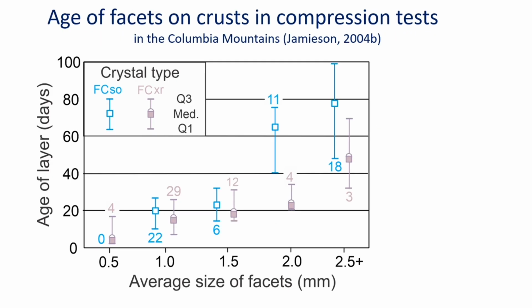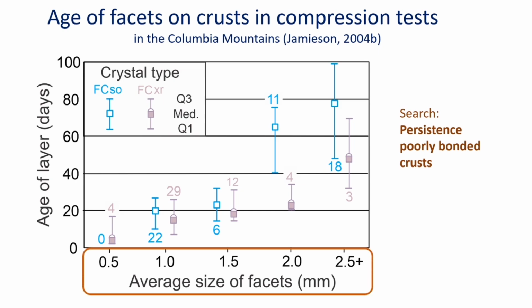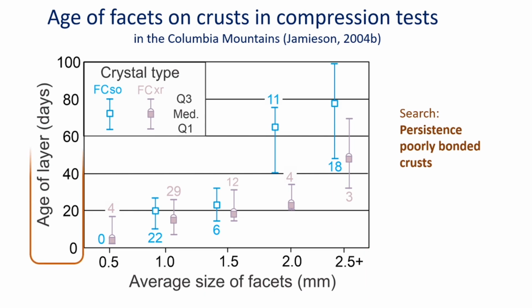Let's take another look at the age of faceted layer near crusts, this time for compression tests in which the faceted layer fractured. This graph and the previous graph are from this paper about poorly bonded crusts in the Columbia Mountains of Western Canada. The average size of the faceted crystals are along this axis, and the age of the layer when it fractured in the compression tests is along this axis.